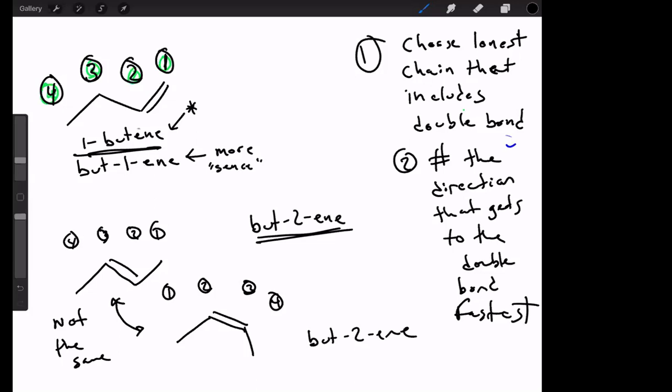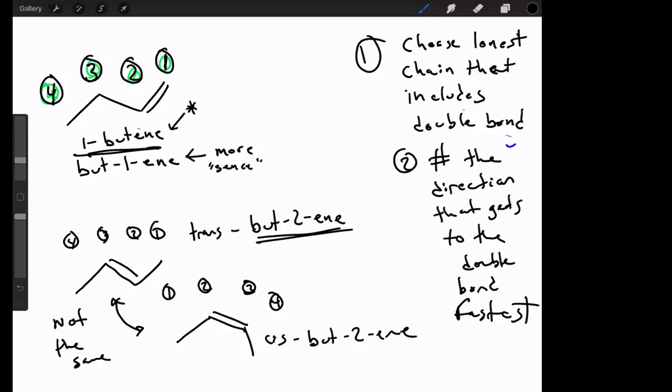And so how do I specify the difference? What is the difference here? This one's trans, this one's cis. And that should make some sense to you guys at this point because you already have cis and trans experience with cycloalkanes.